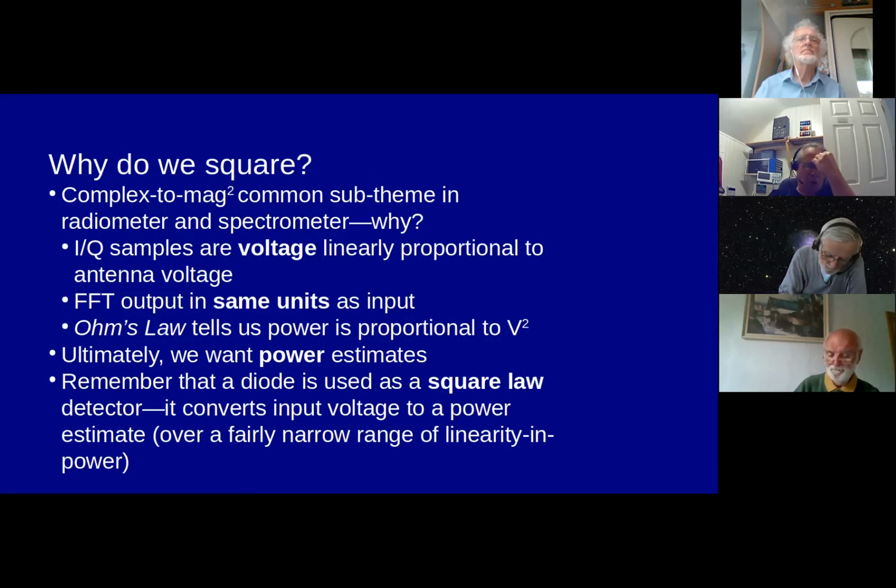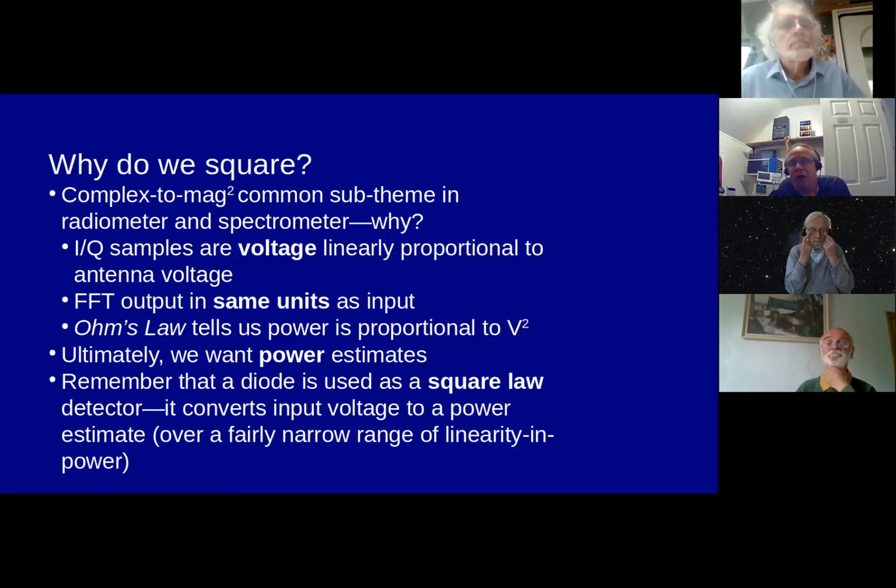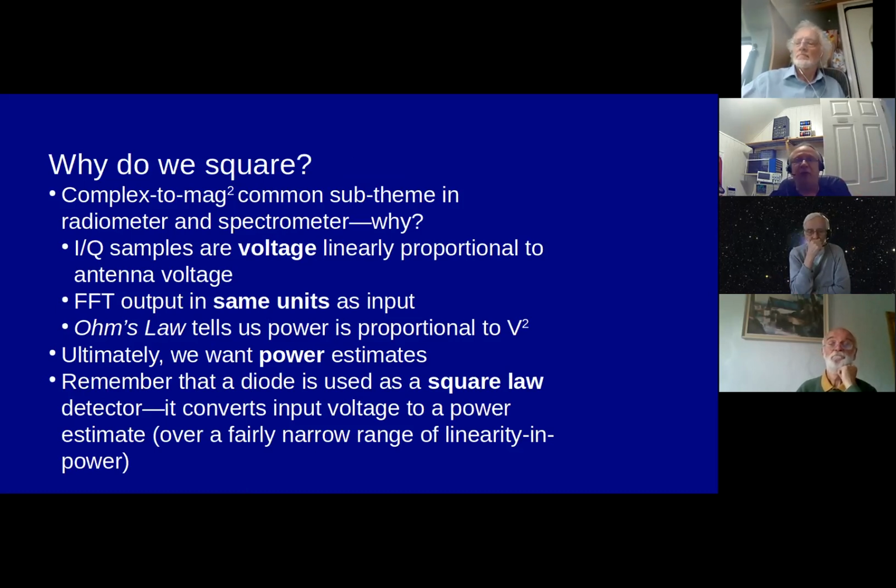So why do we square our samples? A lot of people get hung up on this, and it basically proceeds from Ohm's law. The IQ samples are effectively linearly proportional to the instantaneous antenna voltage, and the FFT output is the same.